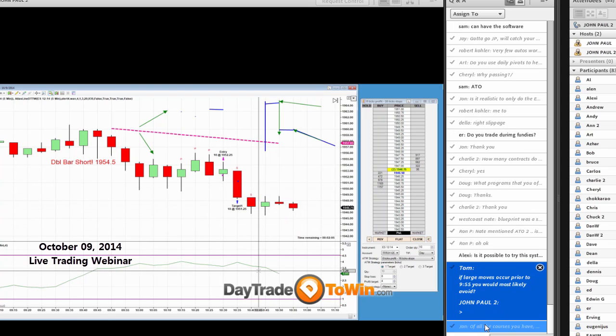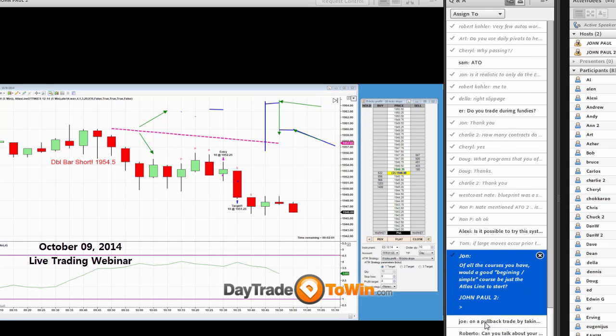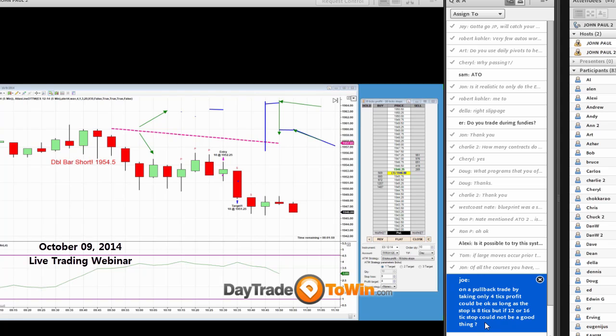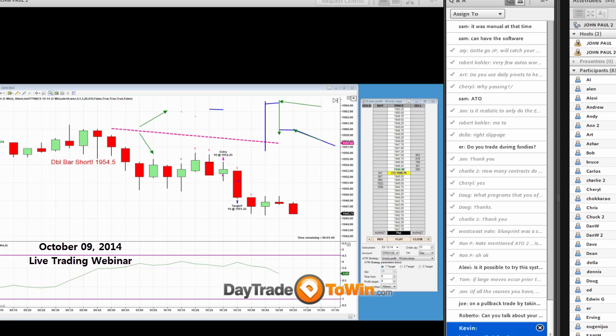The risk to reward, Roberto, I like to use a management of stops that protect me. When you first enter into the trade, your risk compared to your reward has to be equal or larger. Because if your risk is smaller than what the current conditions are, you're just going to get whipsawed out of that trade.